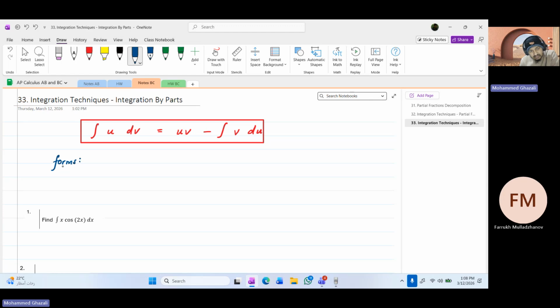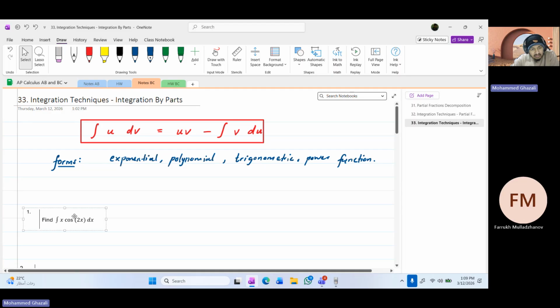You will have exponential functions mixed up with polynomial functions, and they get mixed up with trigonometric functions, or sometimes you'll have power functions, like trig power functions.